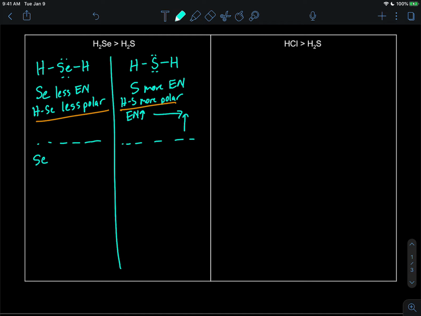Selenium is a larger atom. Sulfur is a smaller atom. Now, what does that mean for us with regards to the bonds that we'd see? That would mean the selenium, let's just draw it longer. The selenium-hydrogen bond is longer, and the sulfur-hydrogen bond is shorter.